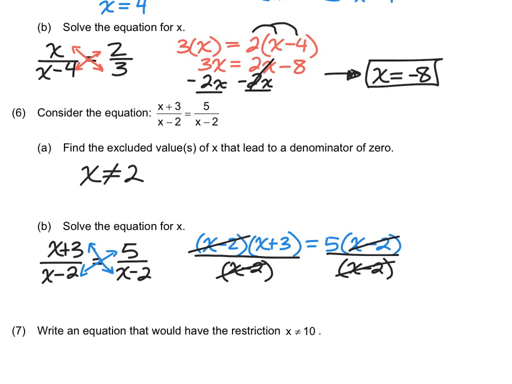So what I was getting at before is if you're looking at a proportion, and so again, proportion is fraction equal to a fraction. If there's a common denominator on either side of the proportion, you can cancel it out immediately. So I could have just canceled the x minus 2's out immediately.